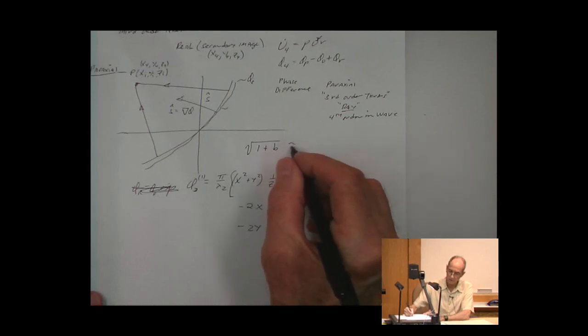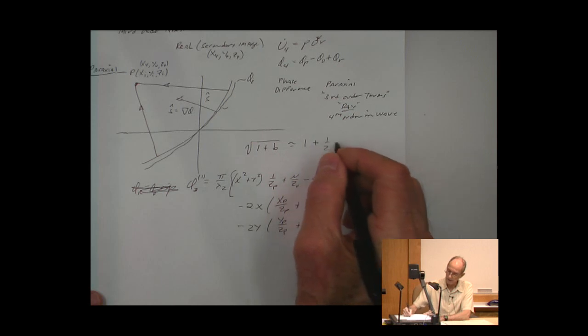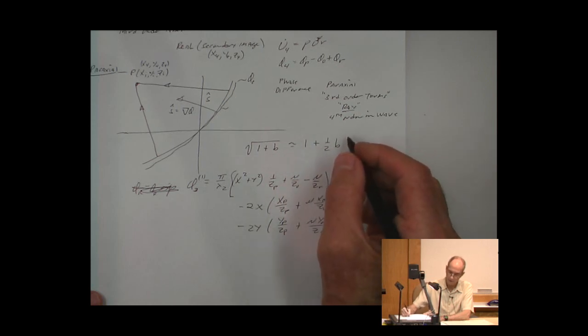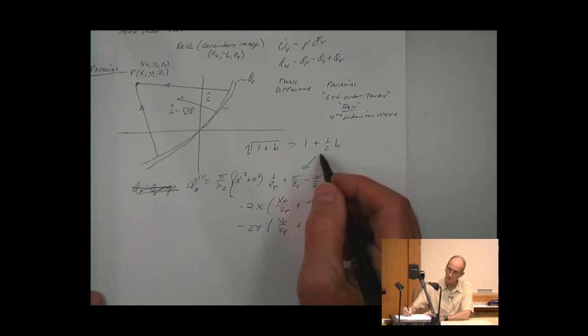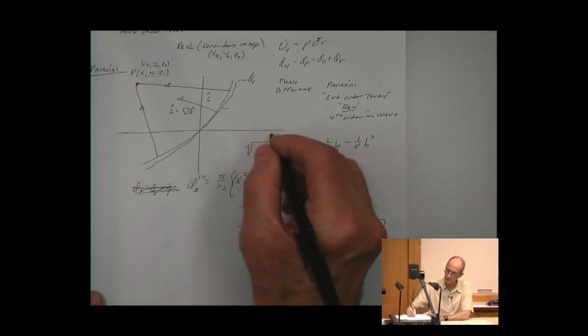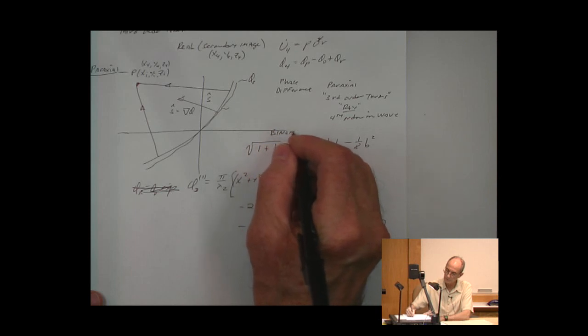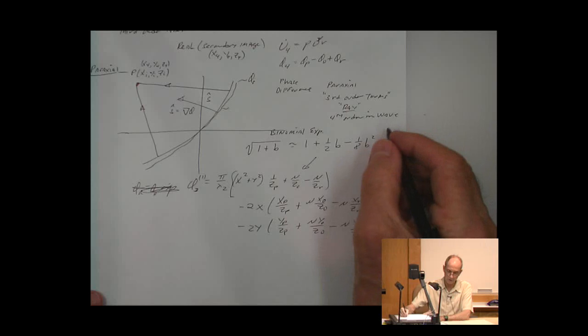And so this we wrote as 1 plus 1/2 b, and there could be an expansion here. So this term that we have here corresponds to this. The next term in this set is minus 1/8 b squared for the binomial expansion, and then there are also other terms as well.